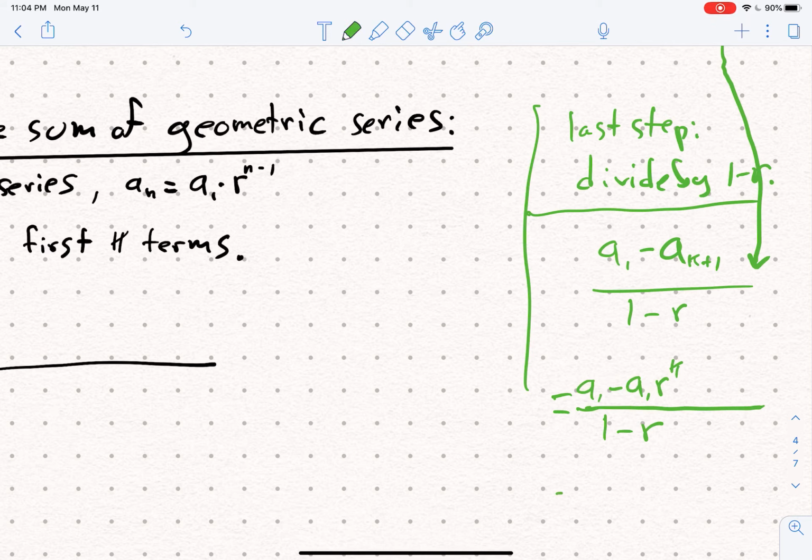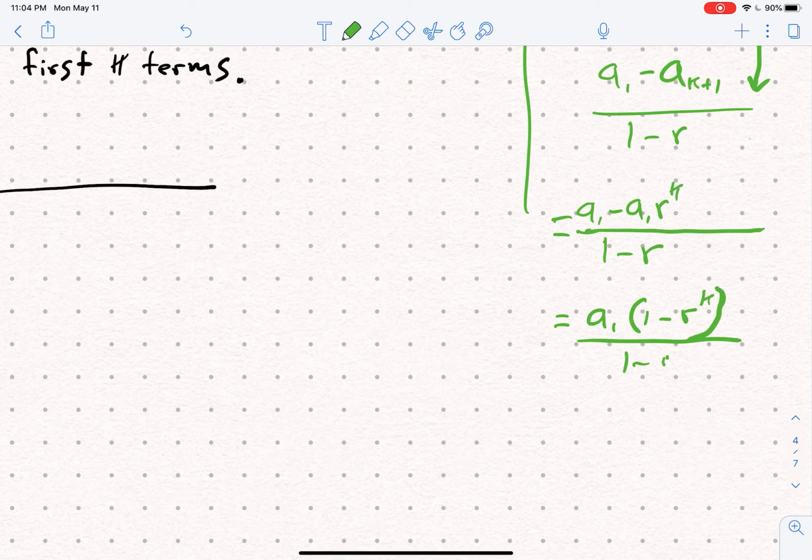So we're going to pull that out. That's a1 times, and what's left on the top? 1 minus r to the k. And that whole thing is over 1 minus r. Typically, instead of writing that a1 on top of the fraction, we write it in front of the fraction. It's fine there as it is. This is basically the formula.